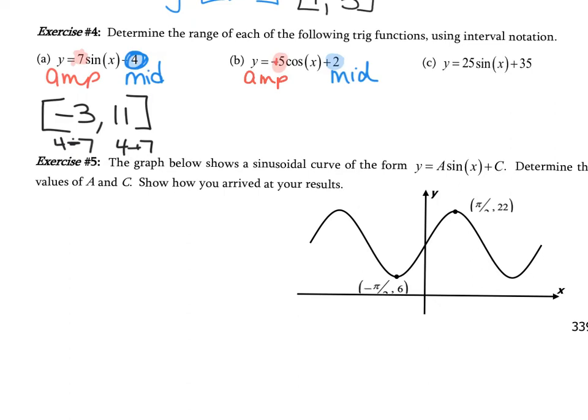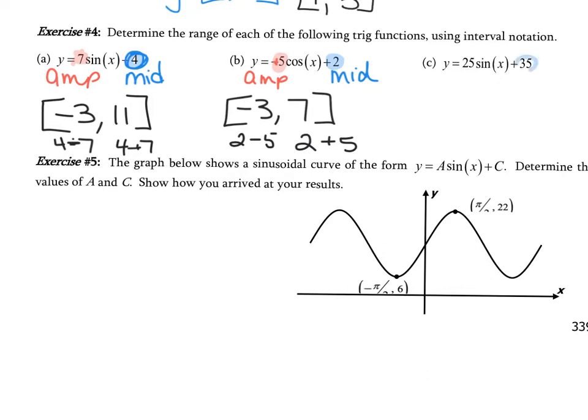That just affects that the graph is a reflection, but it doesn't affect the amplitude. So now I'm going to write my range. I'm going to take my midline of 2 and subtract my 5, which gives me a -3. Then I'm going to take my midline again, and I'm going to add my 5, which gives me a 7.